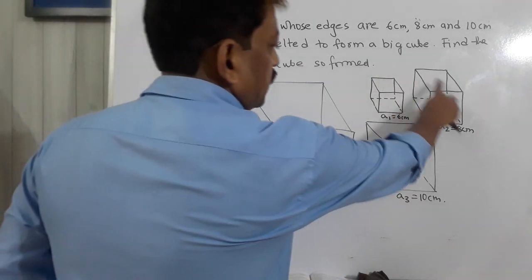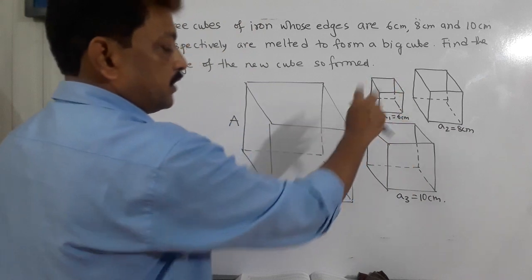So first of all, let me find the total volume of all these three cubes.